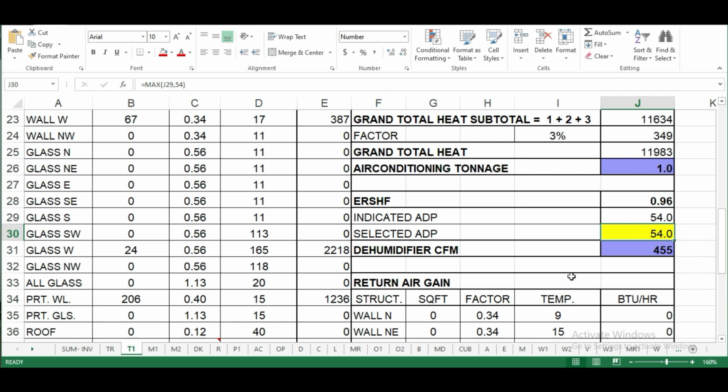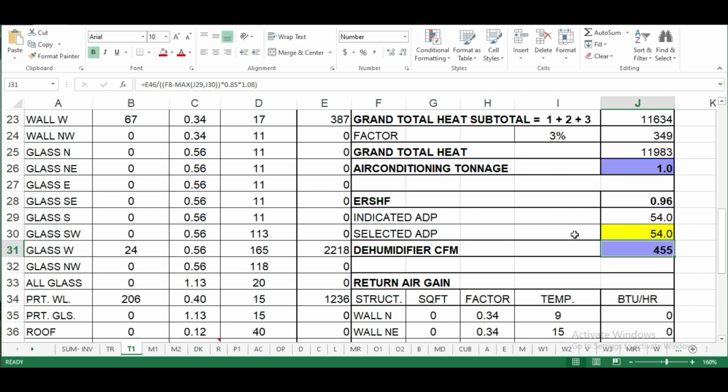Next is dehumidifier CFM. Dehumidifier CFM equals, as you see over here, F8 minus max of J29, J30. As you see over here, J29, J30, that is the ADP, comma, multiplied by 0.85 and 1.08. That comes for dehumidifier CFM.